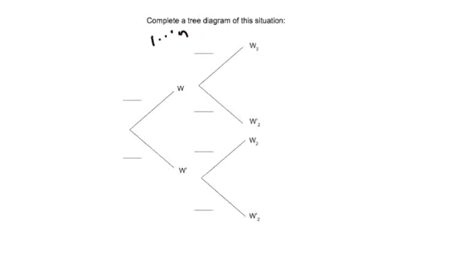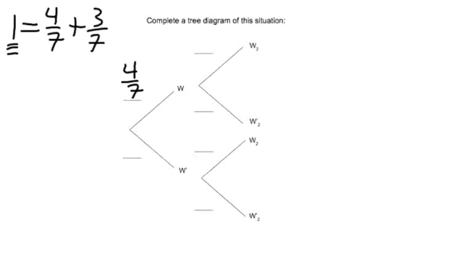Now, we know that they think that their chances of winning are 4 out of 7. Well, how do I figure out their chances of losing? Well, in a probability, all possible probabilities have to add up to 1. So this would be 4 out of 7 plus something that equals 1. Well, the only thing that would work would be 3 out of 7. So they have a 3 out of 7 chance of losing.